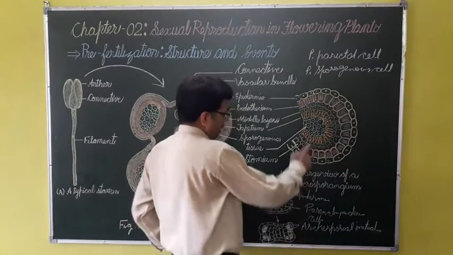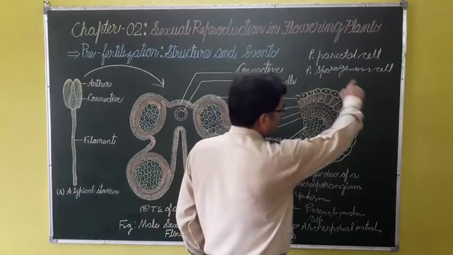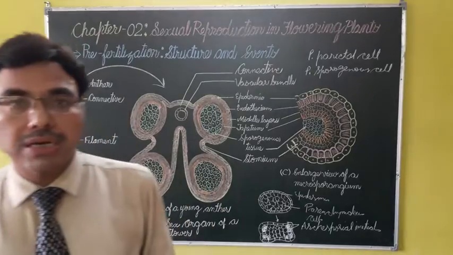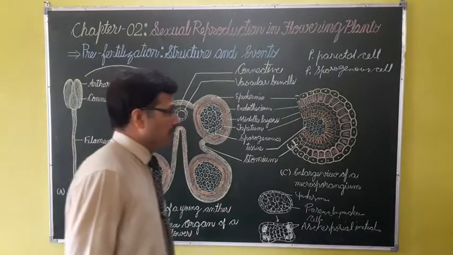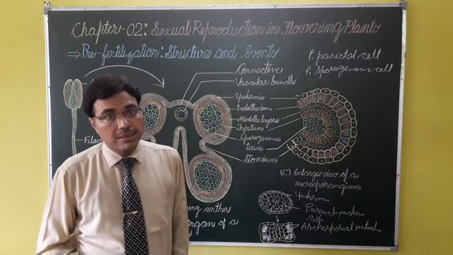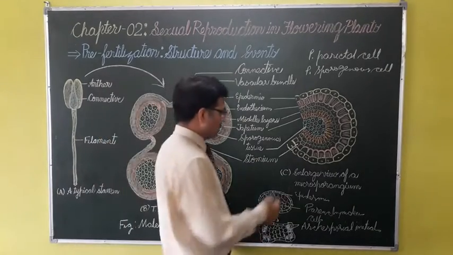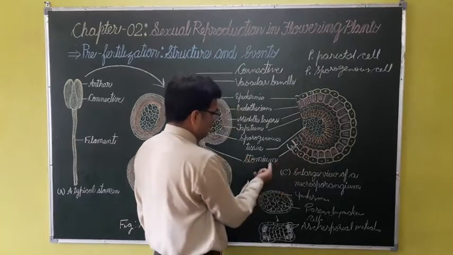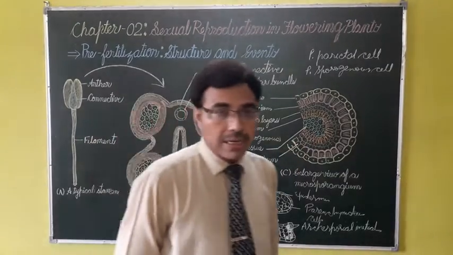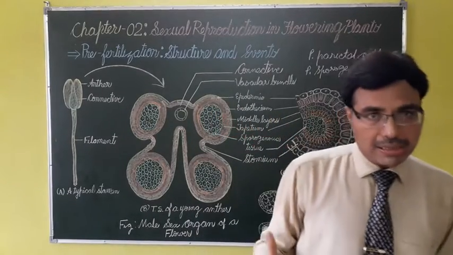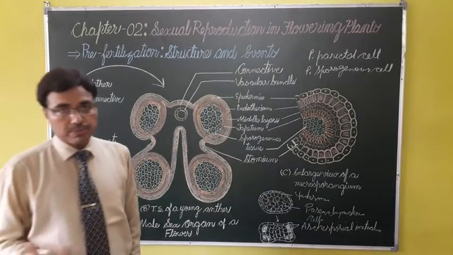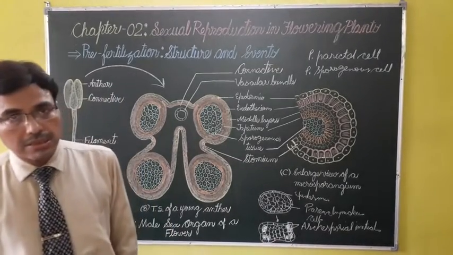Now this primary sporogenous cell also undergoes further mitotic divisions and gives rise to a mass of cells which is called sporogenous tissue, that I have drawn here. So in this way the anther becomes mature, or you can say the microsporangia come into existence.